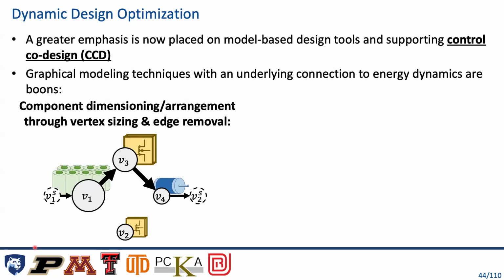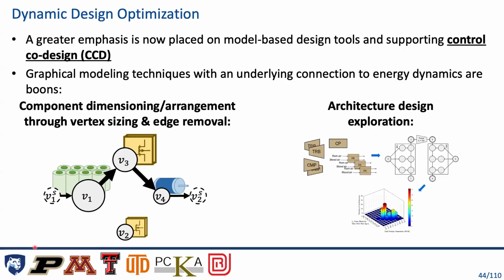So these design options can be correlated directly to what our graphs have. And then if you go a step beyond edge removal, you can look into architecture design exploration, along the lines of what Chris was talking about earlier. We can combine these different component graphs into a larger system and look at all the different options that are feasible.